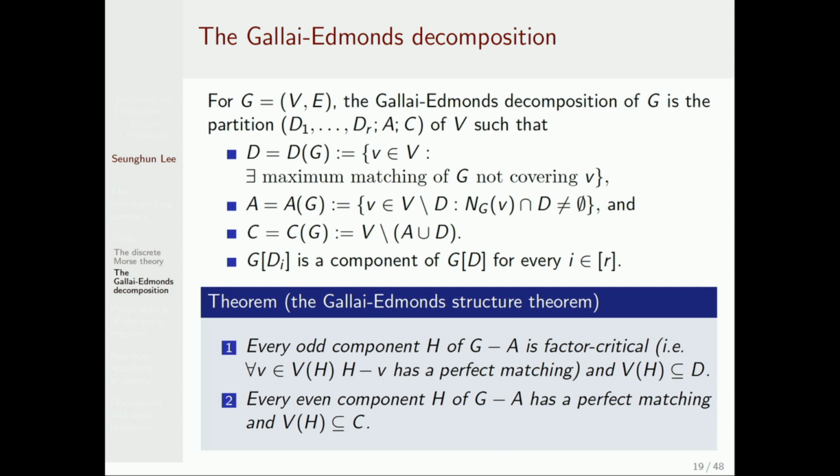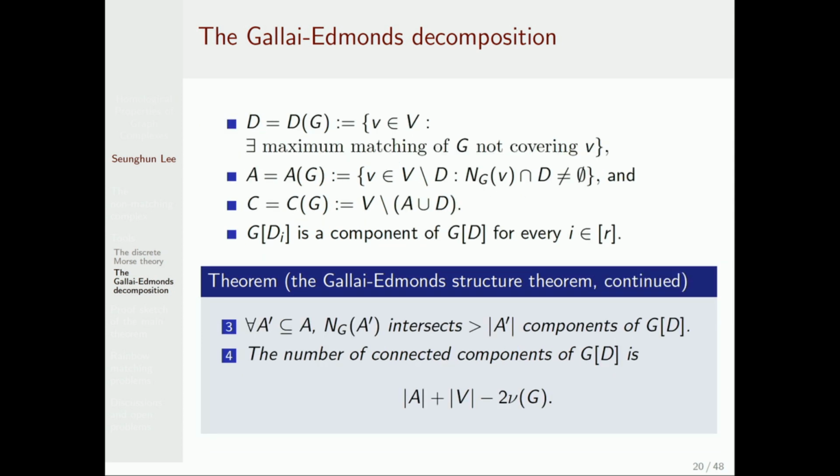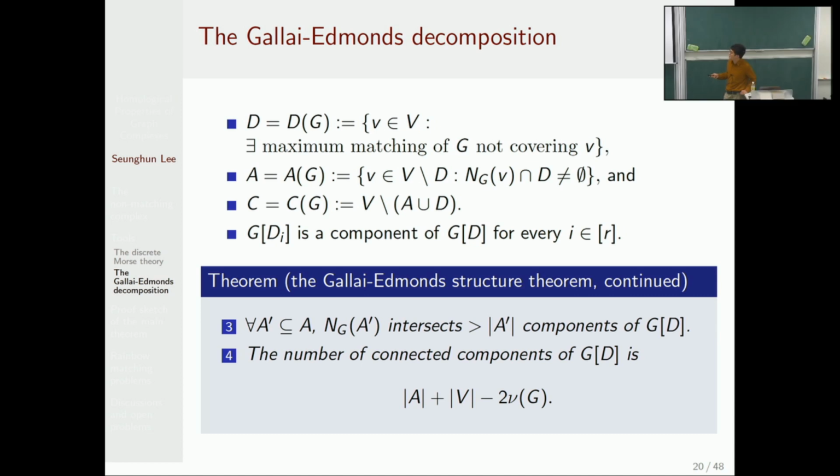That is, for all vertices v in the component, H minus v has a perfect matching, and this vertex critical component is contained in D. Every even component H of G minus A has a perfect matching, and this component is contained in C. The third condition is for A prime in A. For a subset A prime of A, the neighborhood of A prime intersects more than |A prime| components of G_D.